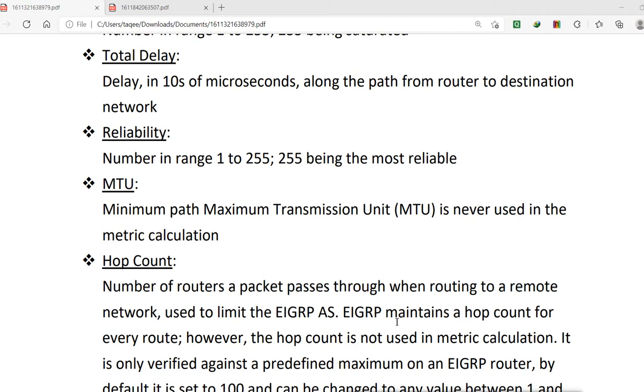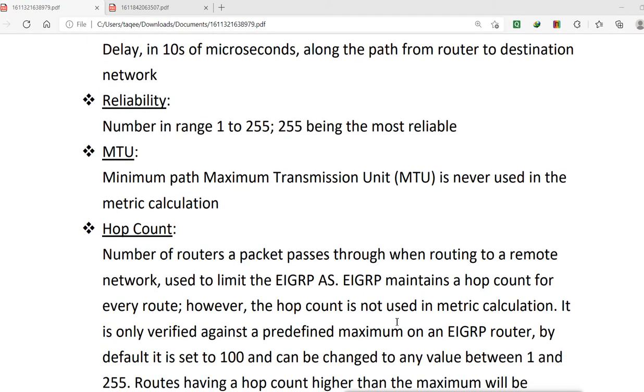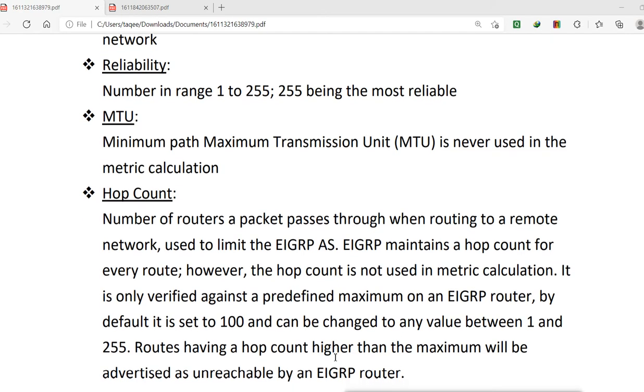EIGRP maintains a hop count for every route. However, the hop count is not used in the metric calculation. It is only verified against a predefined maximum on an EIGRP router. By default, it is set to 100 and can be changed to any value between 1 and 255.